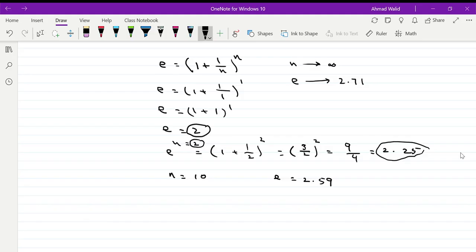Some exponential functions are in the form of f of x equals e to the power of x. This is one of the main exponential functions that, if you go to different levels of mathematics like upper division, we will discuss in really great detail. But right now, just understand the value of number e is 2.71, correct?